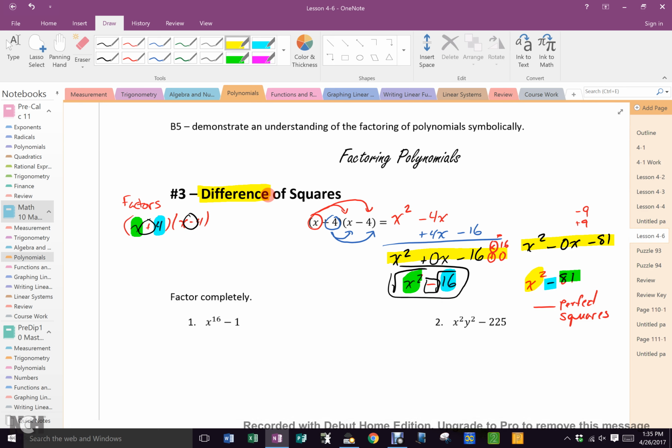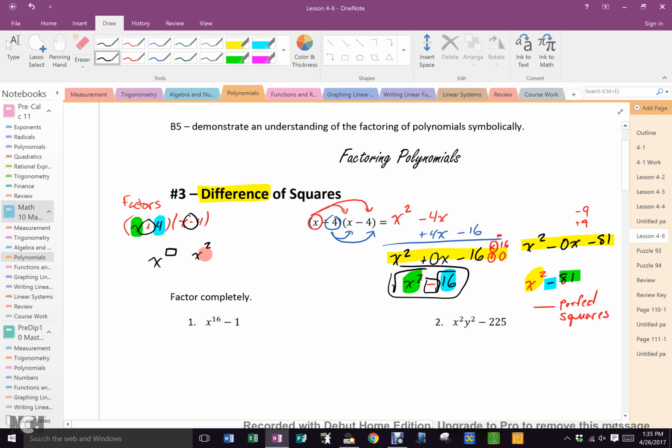Okay? Now, let me ask you this. What do I need in an exponent to be a perfect square? Something about that tells me that it can have a square root. What? Does x squared have a square root?